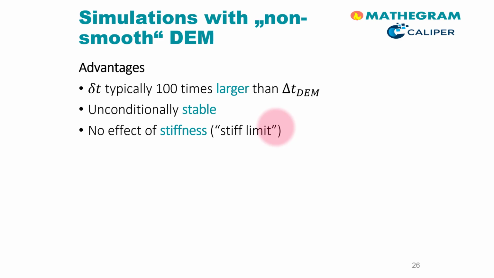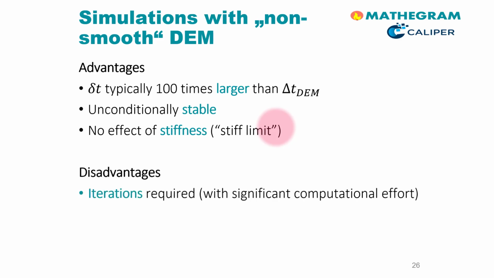However, there are also a number of disadvantages. This is, first and foremost, the significant computational effort required for the iterations in each time step. We will see later that these computations are generally really expensive and alleviate the advantages of using a much larger time step.